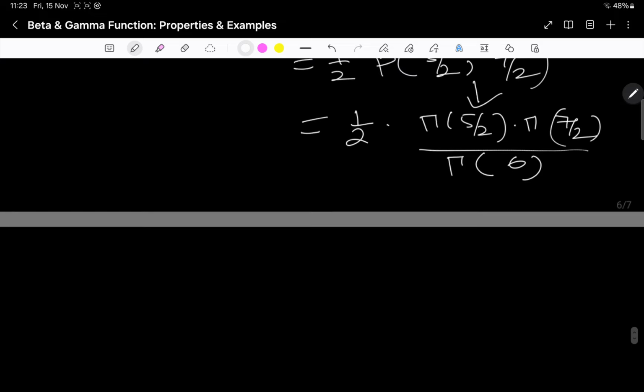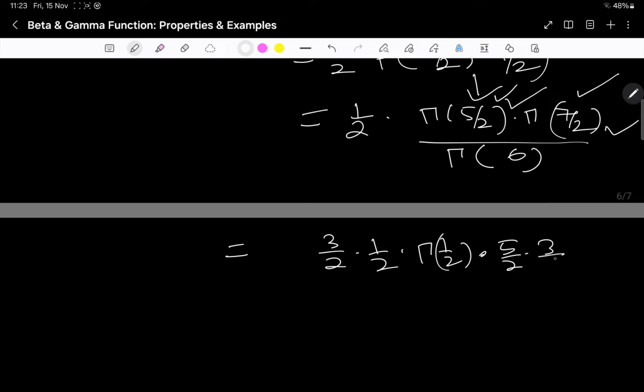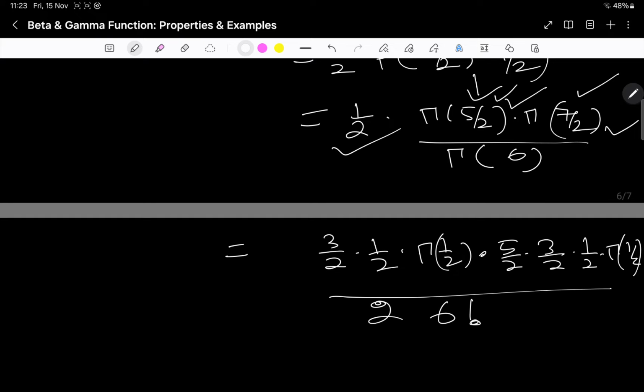Okay. So now I have already told you how to evaluate it. So this is gamma 5 by 2, means it is 3 by 2, 1 by 2, gamma 1 by 2, and here 7 by 2 means 5 by 2, then 3 by 2, then 1 by 2, gamma 1 by 2, and divided by this 2 is there, and it is 6 factorial, and gamma 1 by 2, you know, it is root pi.